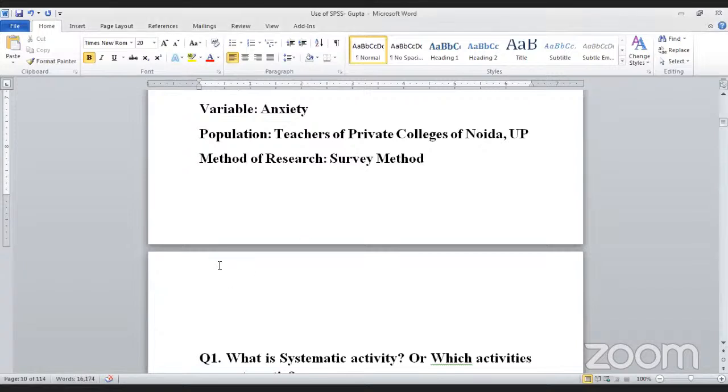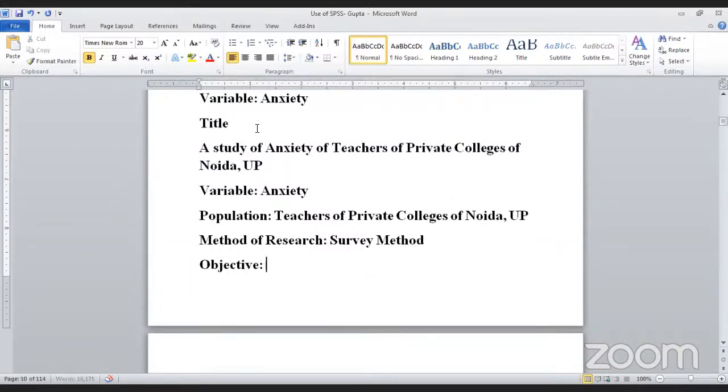Now, let me write the objective. In this particular case, it is a study of anxiety of teachers of private colleges of Noida, UP. So I have to have the three groups.